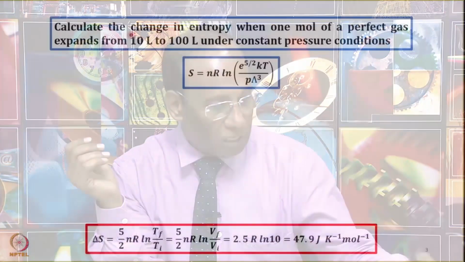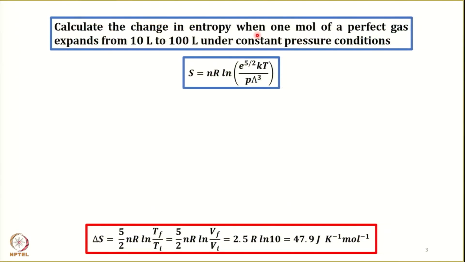So here is a similar question: calculate the change in entropy when 1 mole of a perfect gas expands from 10 liter to 100 liter under constant pressure conditions. This is our Sackur-Tetrode equation, which has a pressure term in it.